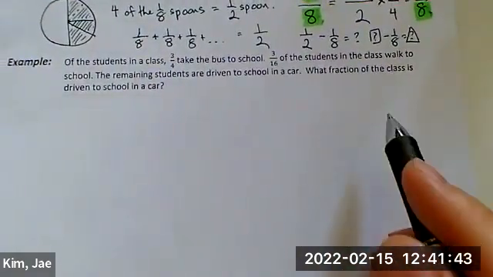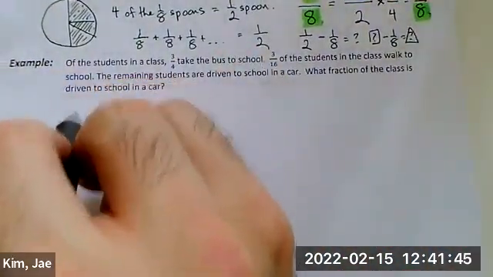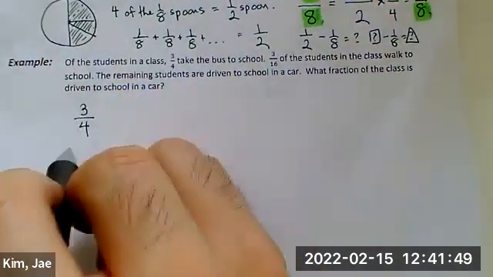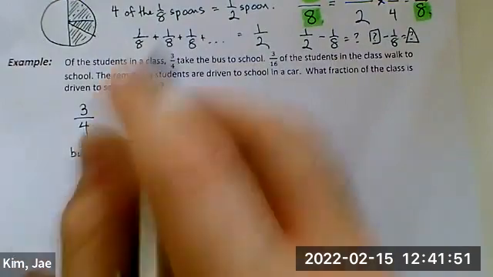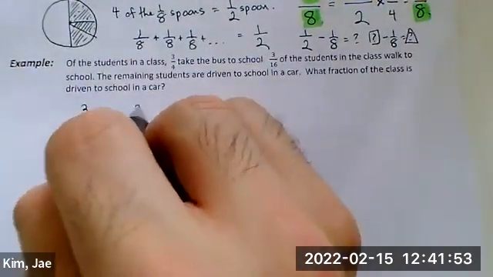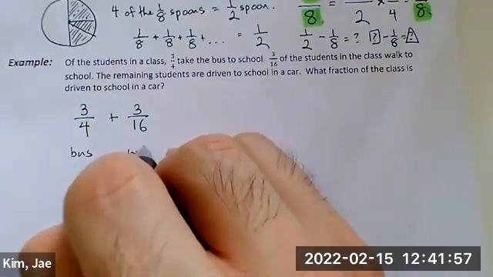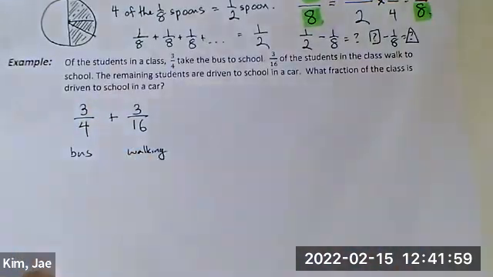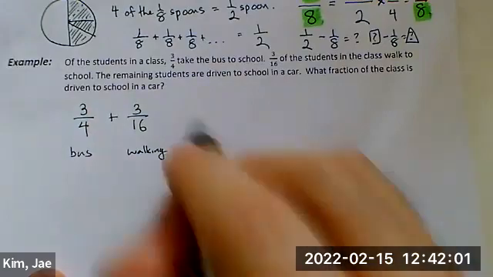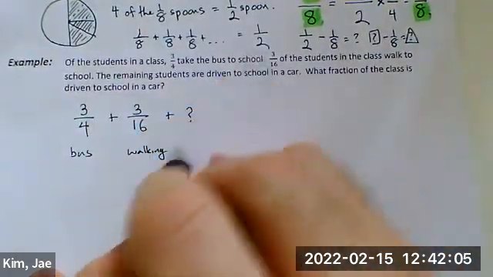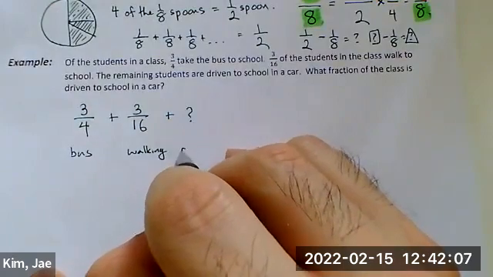So of the students in the class, I'm going to have 3 out of the 4 students by bus. And let's add that with 3 out of the 16 of the class walking. And the remaining fraction is going to be driven, so car.